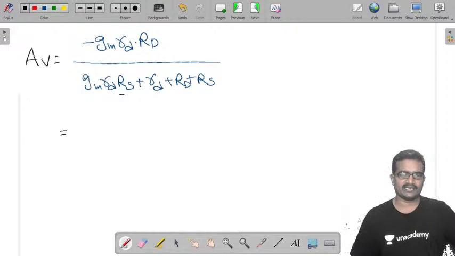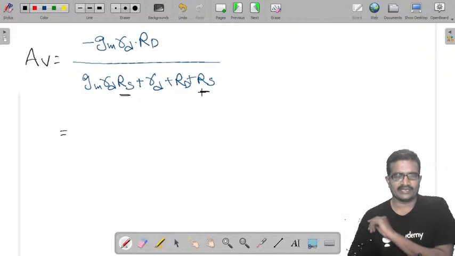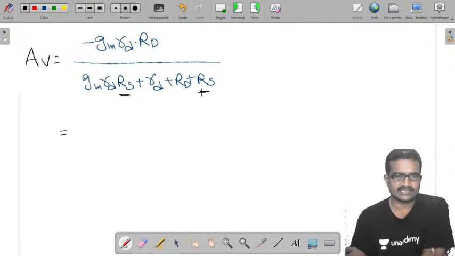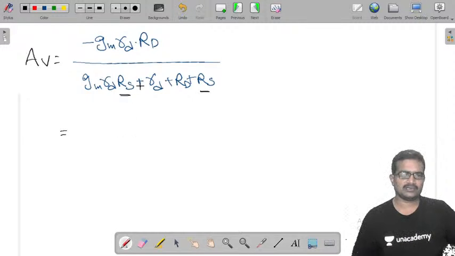Just take RS common from this. By taking RS common, I do one thing: I am taking capital RD plus small rd common.